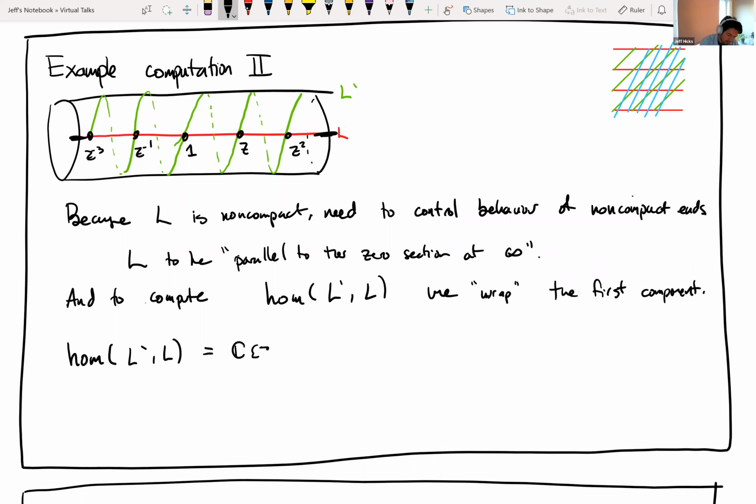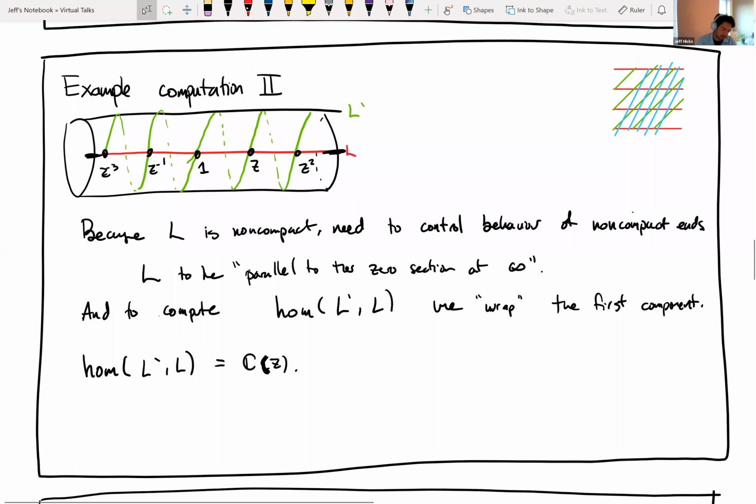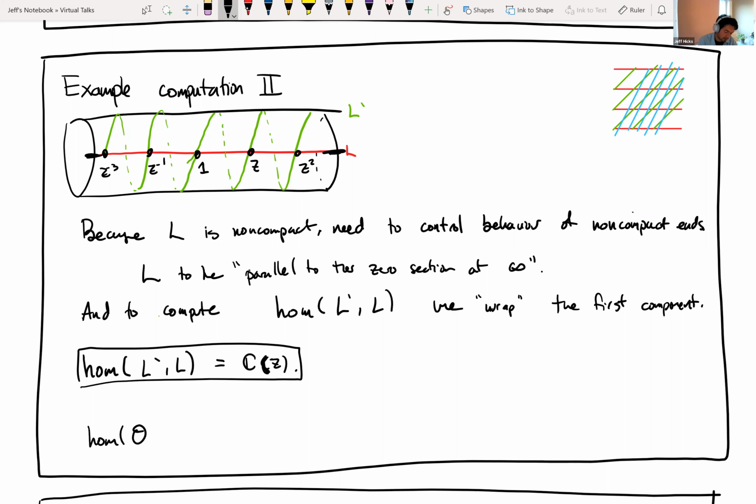And we see that as a vector space, this self-Hom of this Lagrangian looks something like Laurent polynomials in one variable, which is all very good, because if we were to look at the mirror space and compute something like Hom of O of C star with O of C star, we would also get that this is Laurent polynomials.